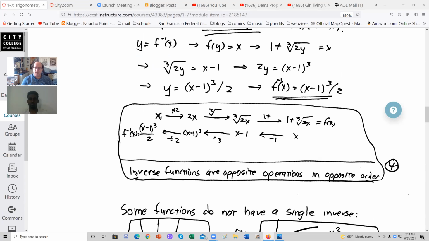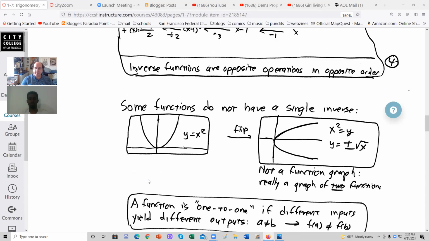With f, we take x, we double it, we cube root it, we add 1 to it. With f inverse, we take x, we subtract 1 from it, we cube it, and then we halve it. Each one of these is an opposite operation in opposite order. That's what inverse functions are.